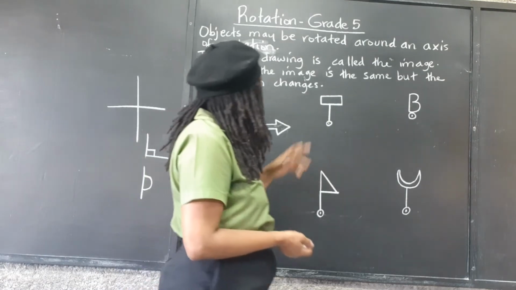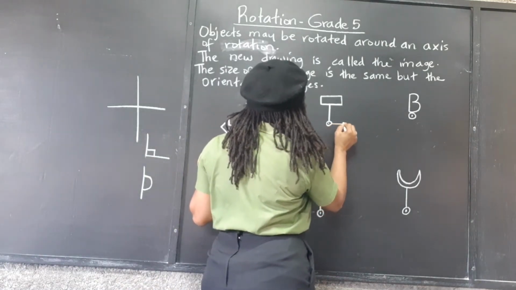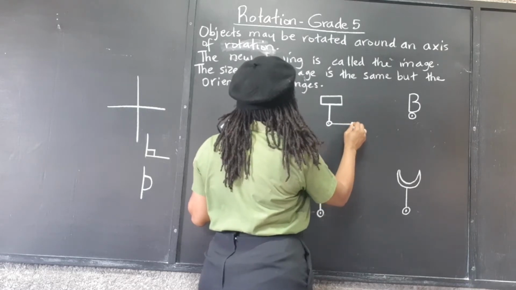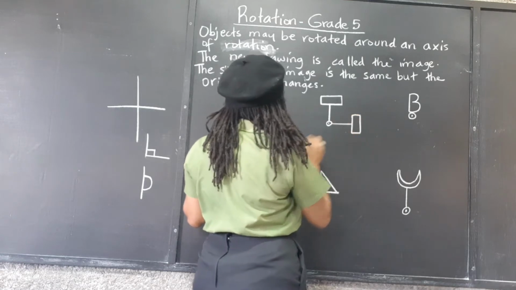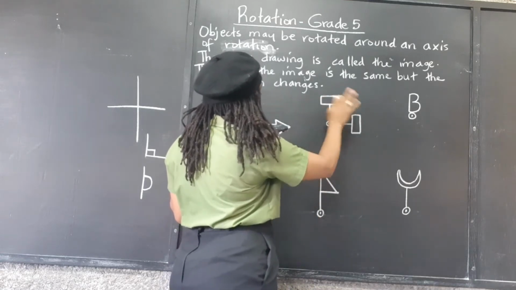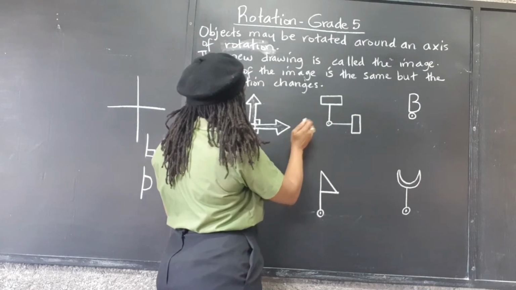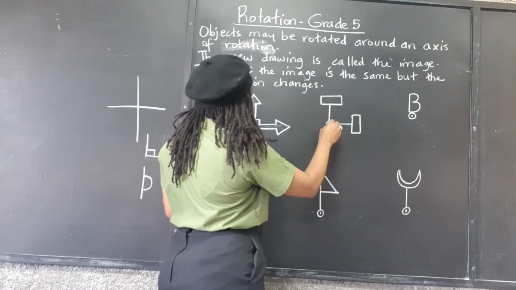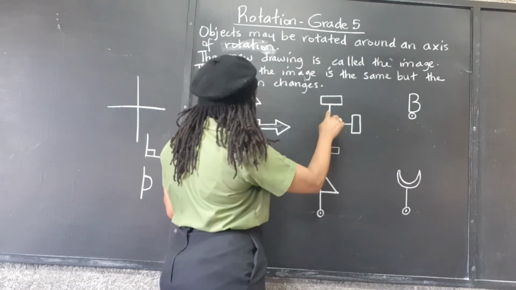Alright, so let's rotate this clockwise 90 degrees, so that's our 90 degree angle. Clockwise, 90 degrees. If it was anti-clockwise, the 90 degrees would be over here, that way. 180 degrees is straight down from the origin, a straight line.